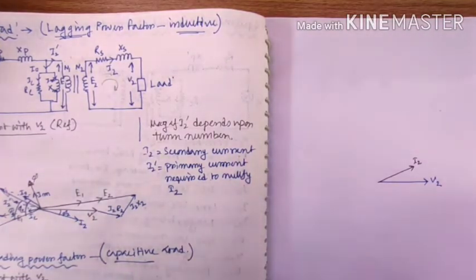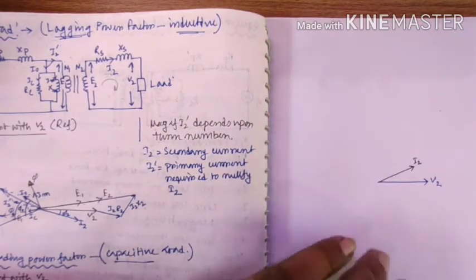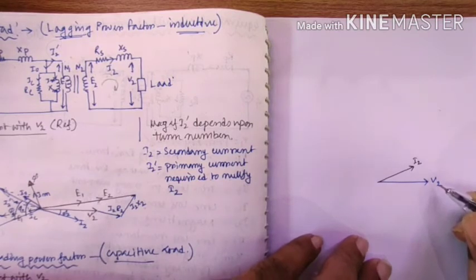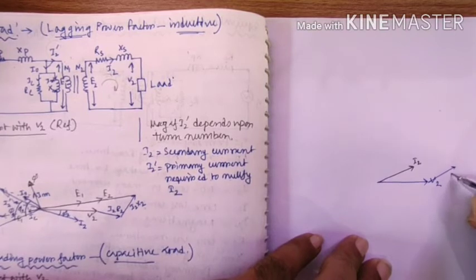Now from the diagram we know the voltage drop across V2 plus voltage drop across XS plus voltage drop across RS gives us the value of E2. So try to draw it. So this is V2 I have drawn. Then I2 RS should be in the direction I2 RS.